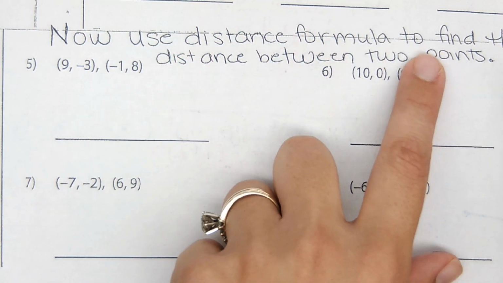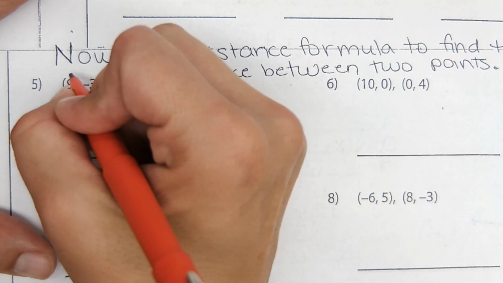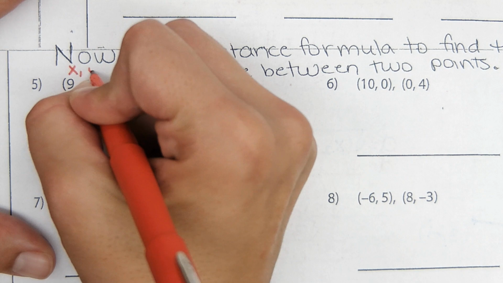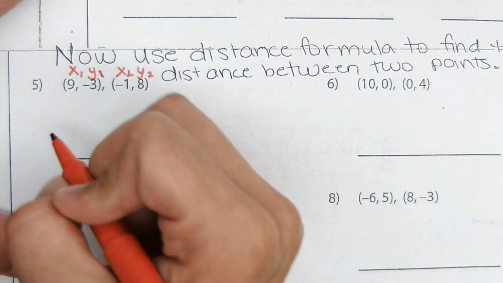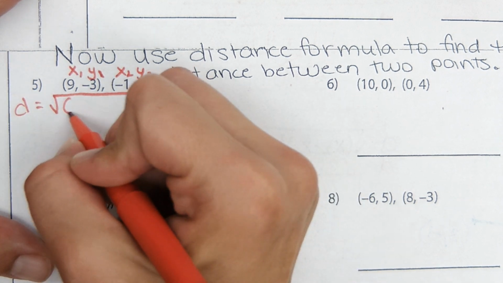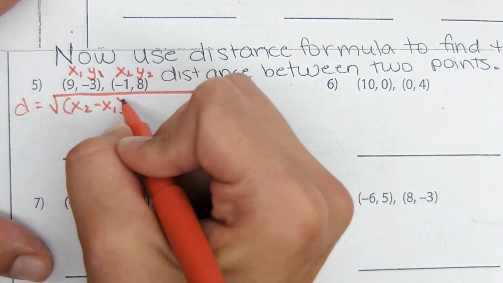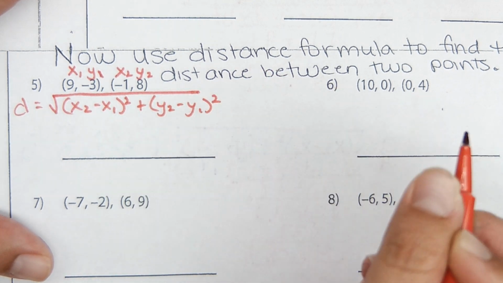So this here using distance formula is what you were doing on the other page. So you label this x1, y1, x2, y2. Distance formula is x2 minus x1 squared plus y2 minus y1 squared.